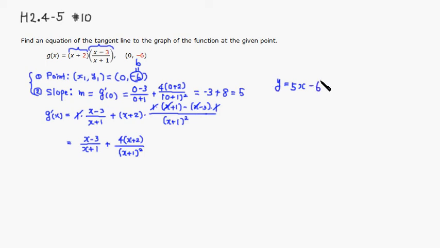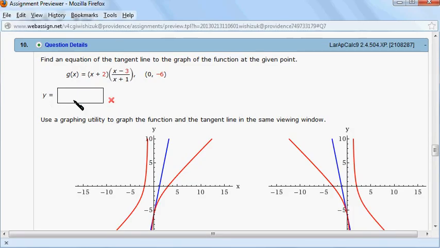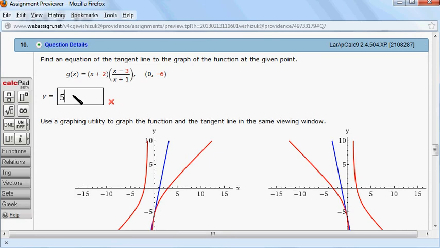So y equals 5x minus 6 is the equation of the tangent line. All right, so let's type that in. Go back to here. So y equals 5x minus 6.